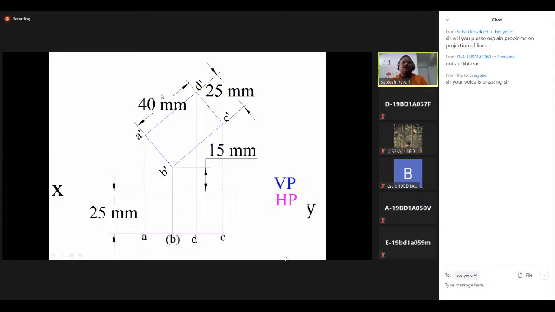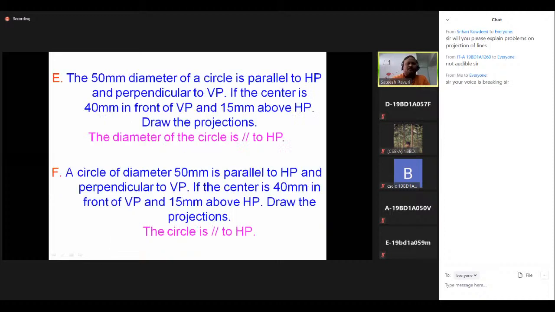Because when you are watching from the top, only these 3 points are visible. As B is at the bottom, there is a surface before B which obstructs you from watching point B. So it becomes invisible. So we have to keep point B in brackets. So that is the second model.